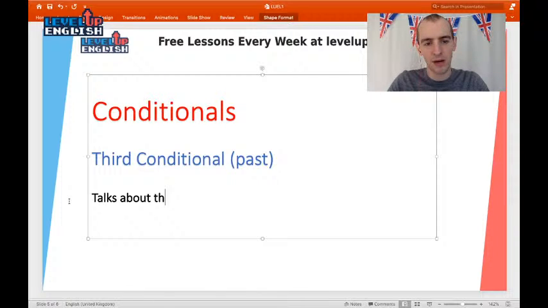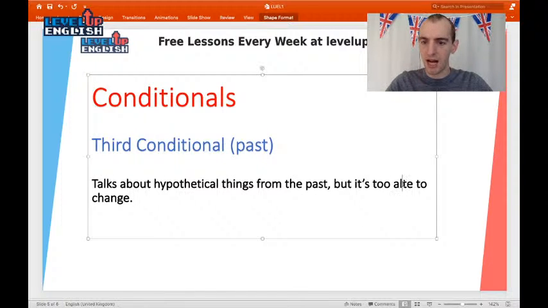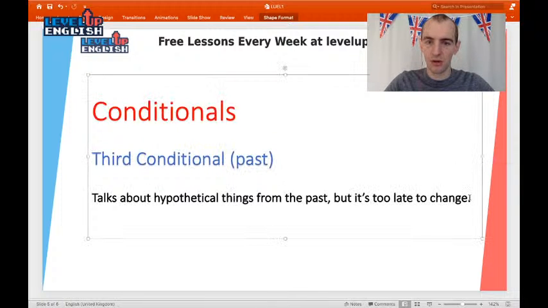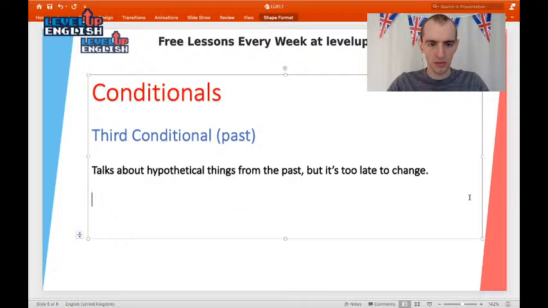Let's say it talks about hypothetical things from the past, but it's too late to change. Hypothetical just means kind of imaginary. It's not really happening. It's not a real thing. It's just maybe. What if? What if?